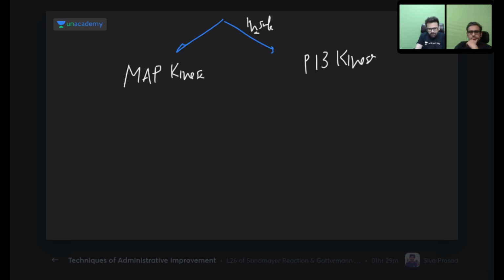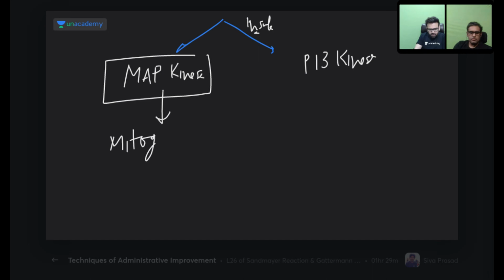So is MAP kinase having metabolic action or mitogenic action? What do you think? Yes, mitogenic. Very good. It is mitogenic. It causes growth and development.